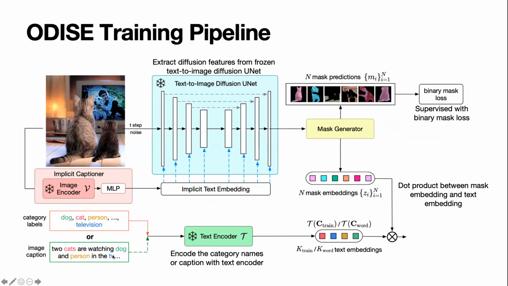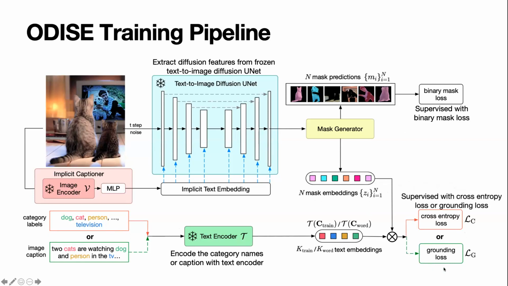For the captions, we extract the noun words from each caption and pass them through a text encoder, which is from the CLIP model. Then we take the dot product between the visual embeddings from the mask generator and the text embeddings of each of these category labels. We either use a cross entropy loss when the labels are available, or we use a grounding loss when we assume that we're using captions for training.